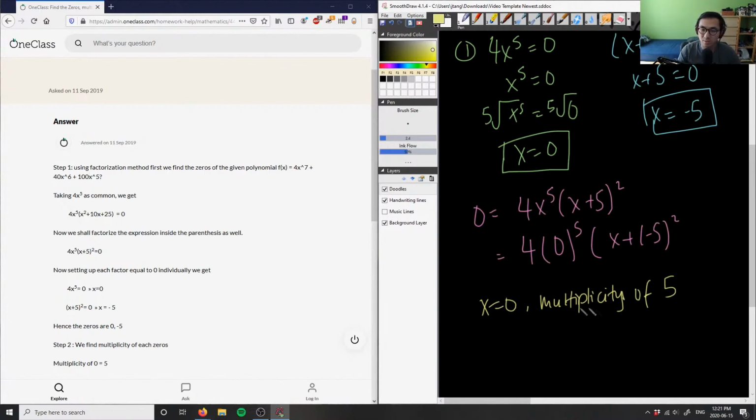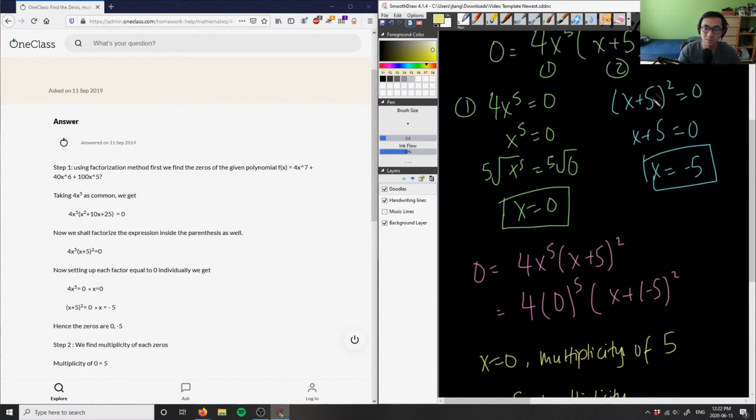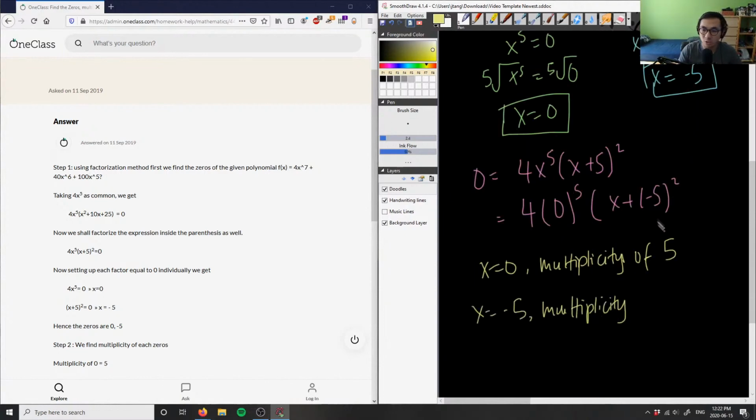So we can say x equals 0 has a multiplicity of 5, because this is x to the 5. And x equals negative 5 will have a multiplicity of its own separate degree, because x plus 5 is to the power of 2.